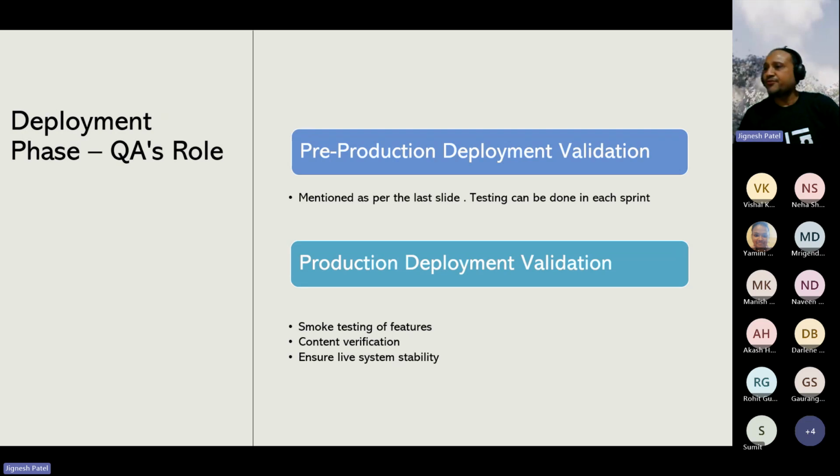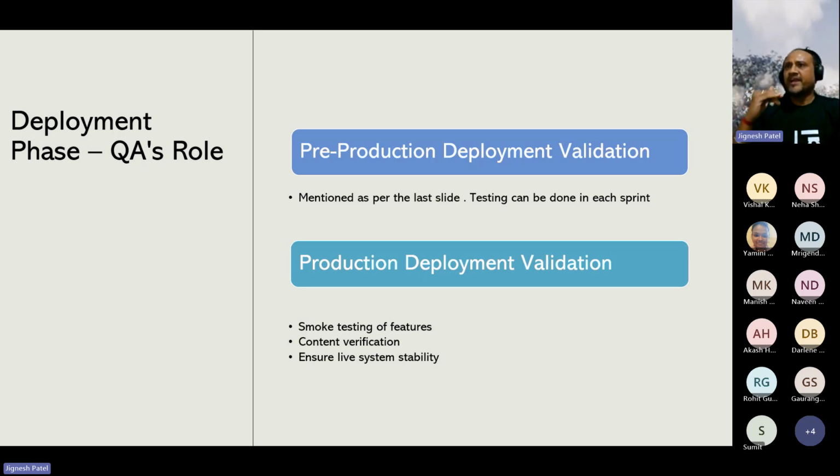Deployment phase. In the deployment phase, there are no separate activities performed by QA. I have segregated this section into two parts: pre-production deployment validation, which I already mentioned in the last slide, and production deployment validation. Normally, once the deployment has been done on production, we perform smoke testing of features, to see whether the functionality is working or not. I do the content verification, like whether any test content appears on the website.